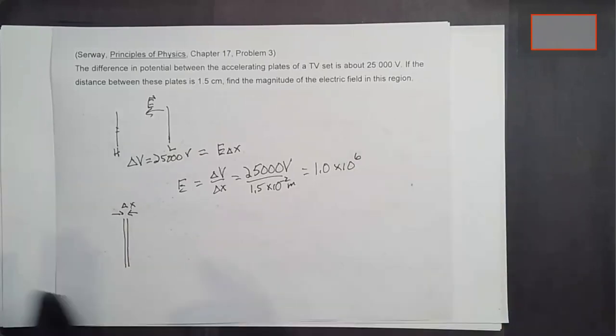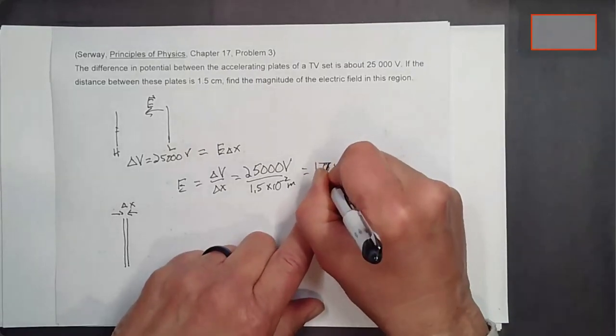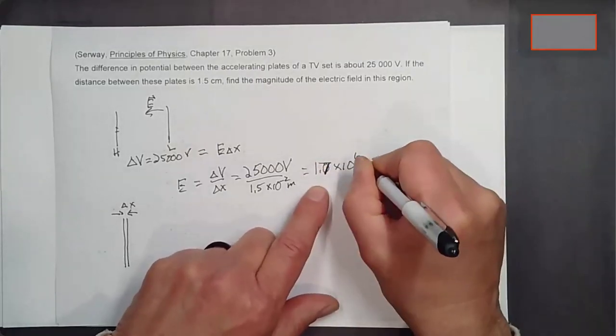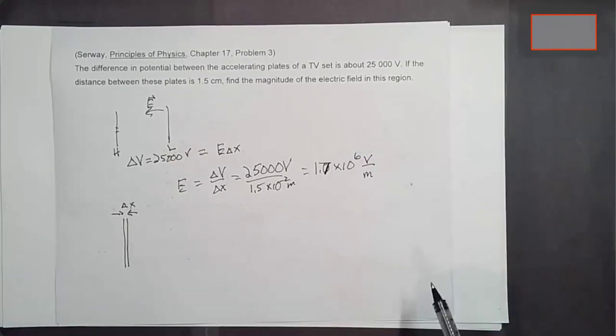Oh, no, it's not. I don't know why I put 15,000 in instead of 25,000. Okay, 1.7, not 1.0, 1.7 times 10 to the 6th volts per meter.